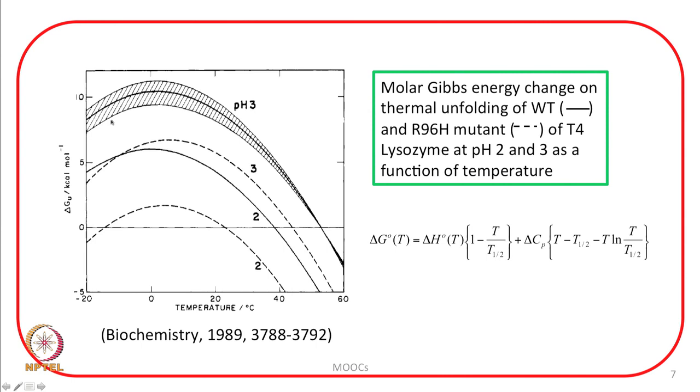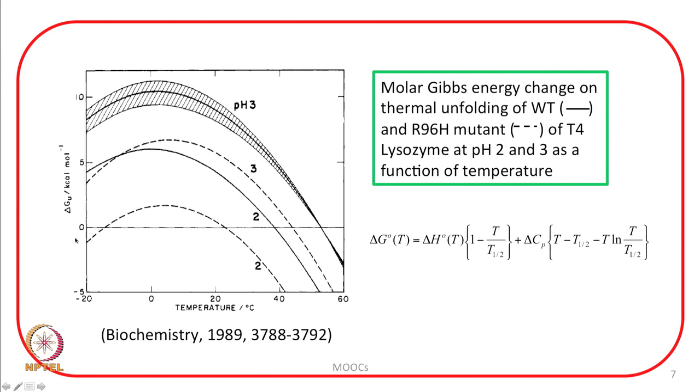And this shaded area is actually representing the standard deviations in delta G naught when you incorporate the standard deviations of delta H naught, T half and delta Cp. According to this equation, or in general based upon our previous discussion, the value of delta G naught should be 0 at the transition temperature for a two state transition.